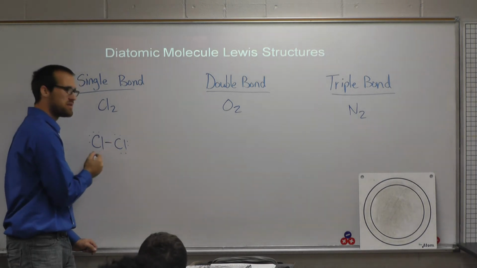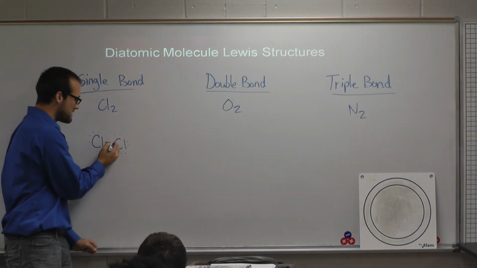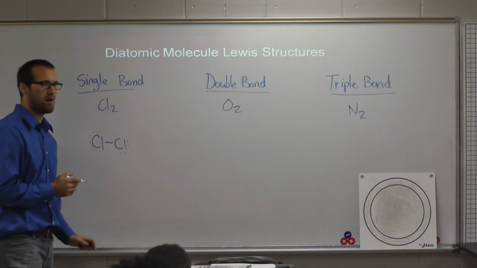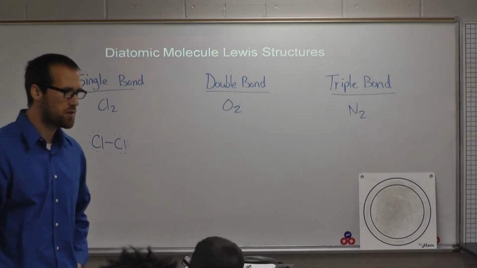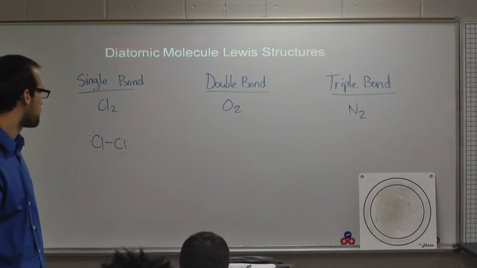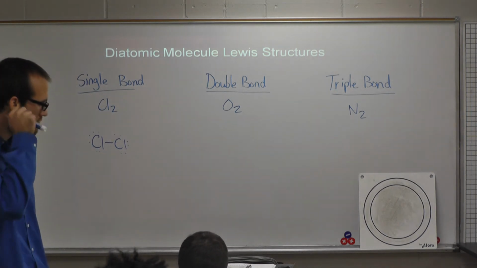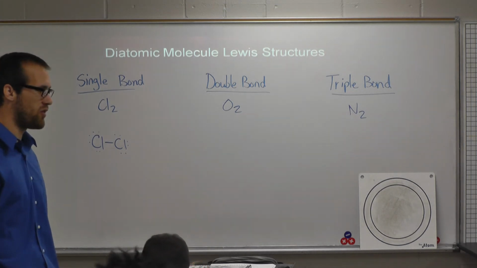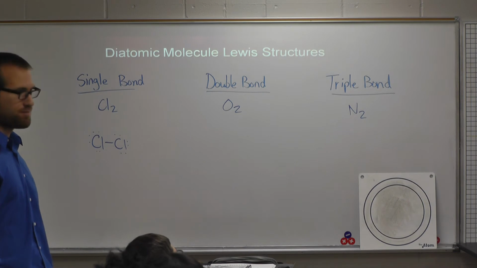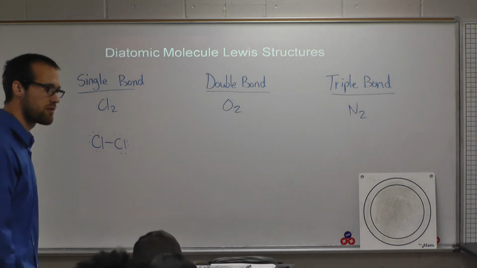A dash. Representing a covalent bond. A single covalent bond. That bond represents how many electrons? 2. Okay? Pretty simple. Do they both have 8 now? If you assume that that bond is shared by both. Okay? Let me finish.